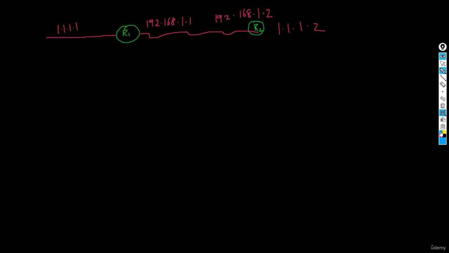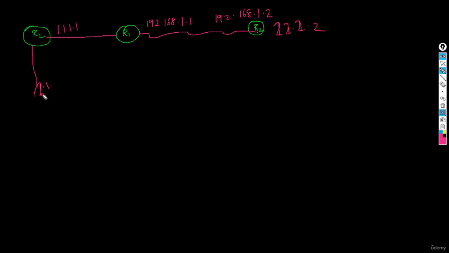Let me draw it here. This router has another route, like 1.1. This one, let me write 2.2.2.2.